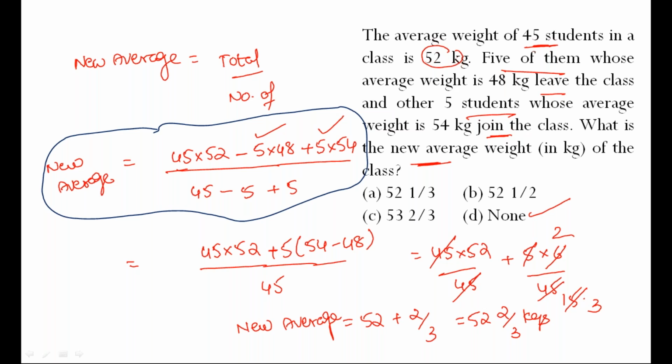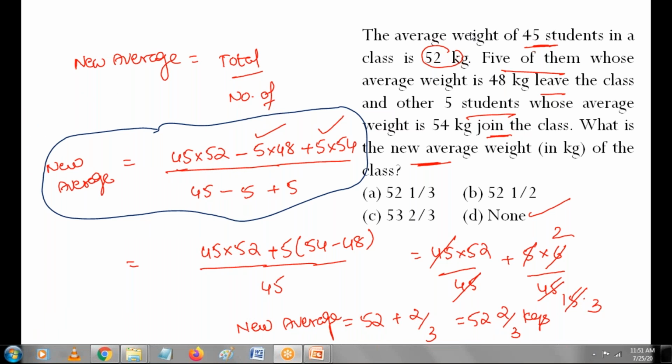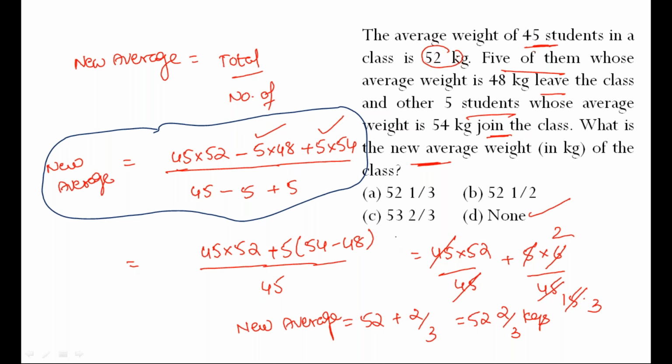I'm just trying to take 5 common. Okay, I got 5 into 6, so I have 45. I'm dividing 45 separately because a plus b divided by c, I can write a by c plus b by c separately. Using that trick, we can do that, right? Very good. 52 2 by 3, none. Yes, correct. Very good to see your answers.